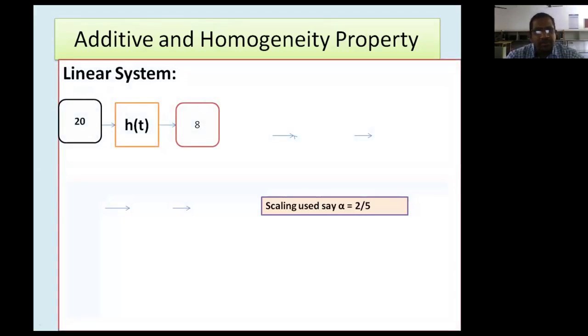For example, there is a system h of t. As I was telling you about h of t, what is h of t? h of t is known as the unit impulse response of an LTI system. What is the meaning of it? Whatever we put here for processing should be tested with an impulse response.